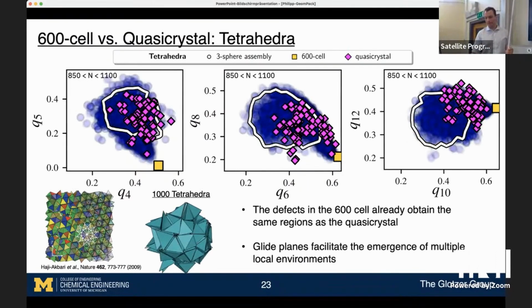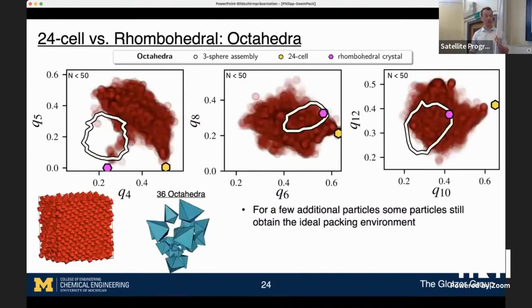And if you go even further and further, you can see that it always has the same shape, and it stays true to staying close to the ideal environment and branching out to the other environment. But now the question is, is this true for all of the particles?